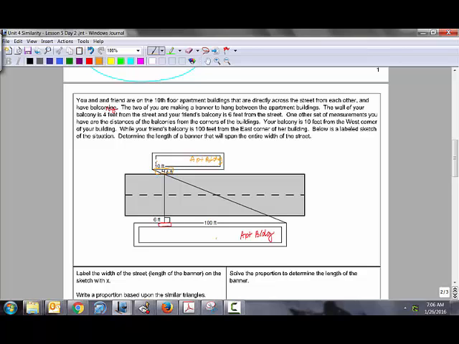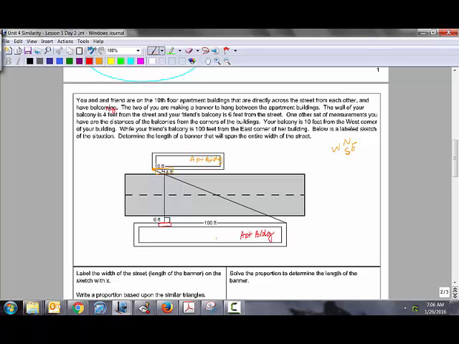Okay, so we have one other set of measurements here to help us build our triangle. It says that from the corner of my building, so if we put some directions here, north, south, east, and west, from that southwest corner of my building, my balcony is 10 feet in from that corner.